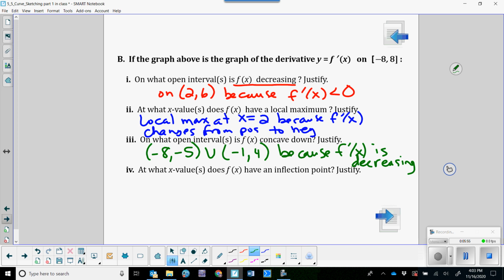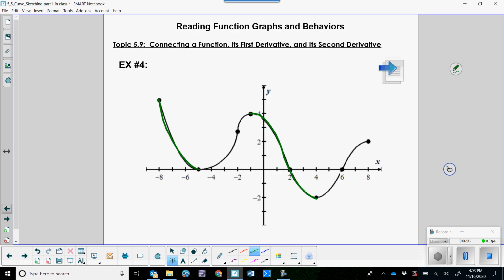And then it says, at what value or values does f of x have an inflection point? An inflection point would be where your concavity changes. Your concavity is going to change if f prime changes from decreasing to increasing, or increasing to decreasing. I would just stick with decreasing to increasing and so on.